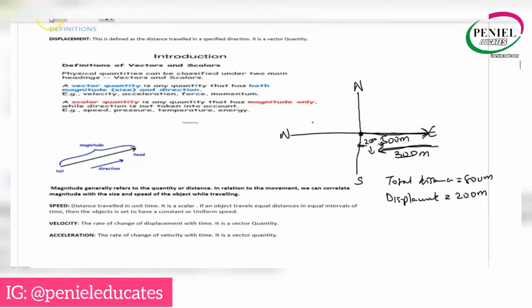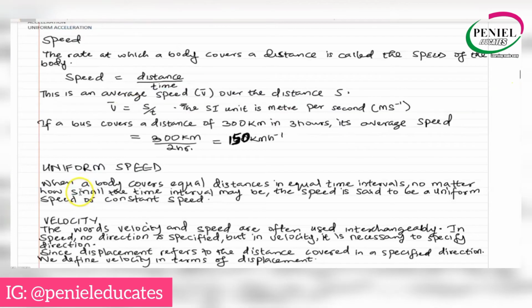Let us now look at further explanation when we're talking about speed. We discussed in the previous slide that speed is the rate at which a body covers distance with respect to time. The average speed over the distance s is distance over time.